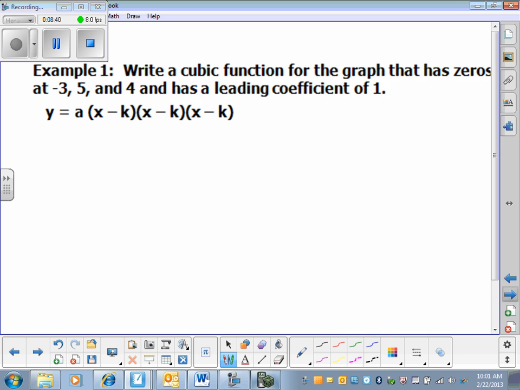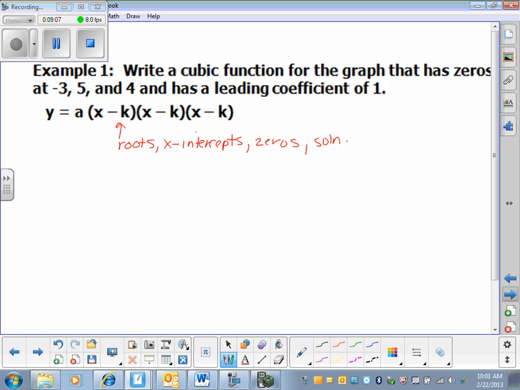The k's represent the roots, or the x-intercepts, or the zeros, or the solutions. These are all words for that k, okay? And the a represents, in this case, the leading coefficient, because it's 1.